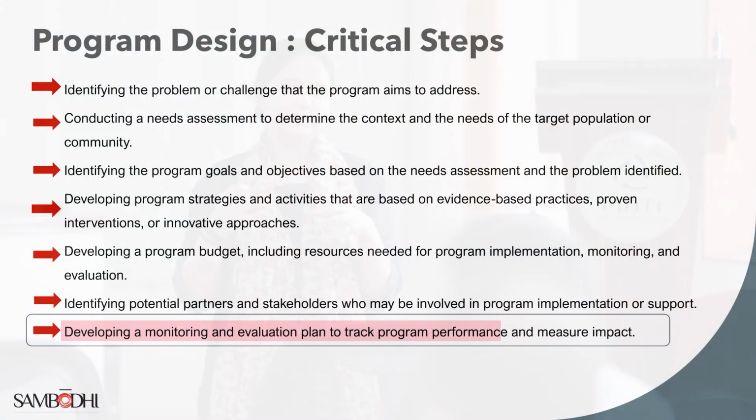And eventually, an important critical step in program design is also, at the onset, to identify your monitoring and evaluation plan. It helps when at the beginning we start putting thought into what I want to monitor and how I would want to monitor. Because I've decided what my activities are going to be, I should also start thinking about, if I do these activities, at the end of 1 year, how should I monitor whether these activities were done.